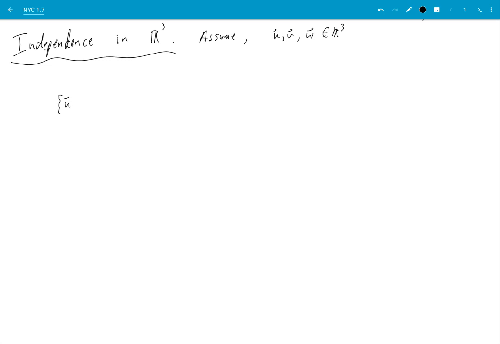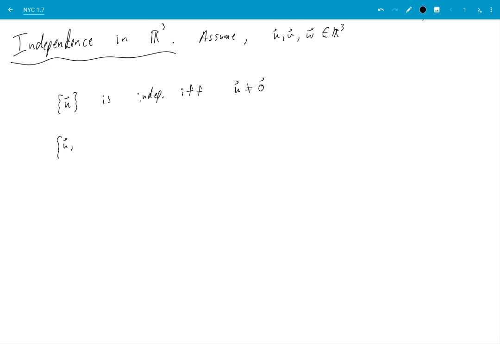Okay, we've seen before that U, just one vector, is independent if and only if U is not 0. Okay, that's true anywhere.